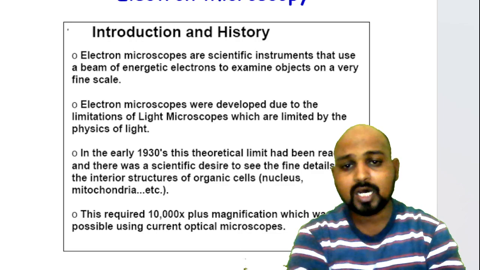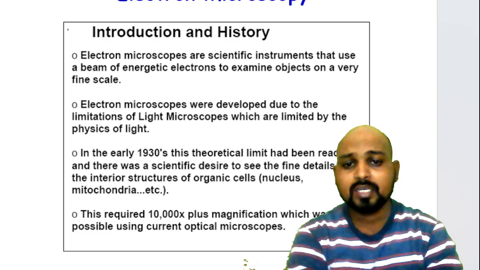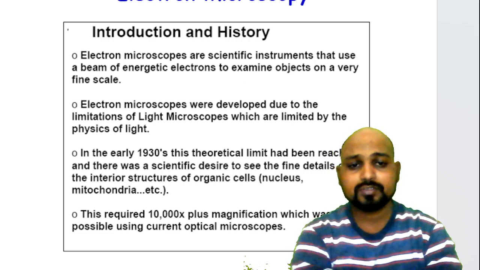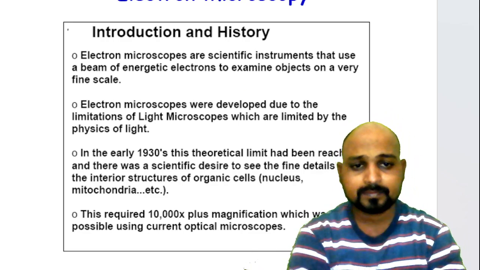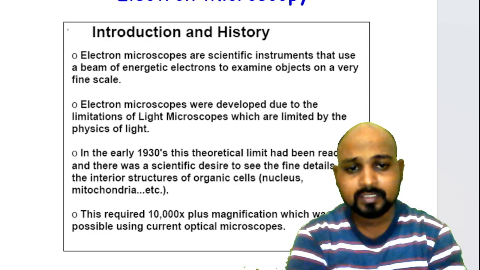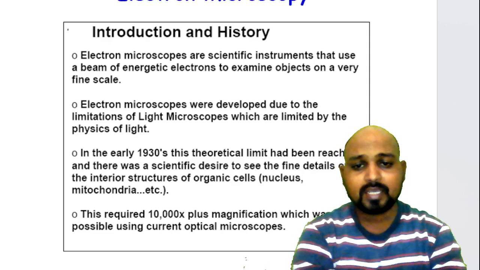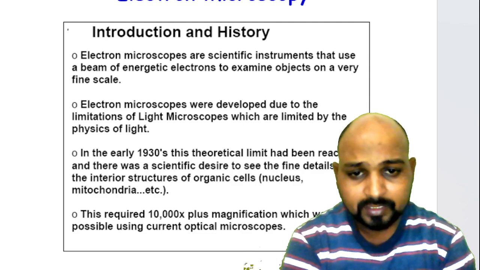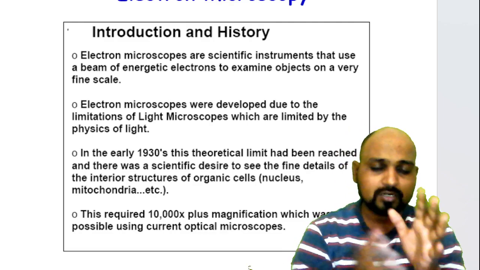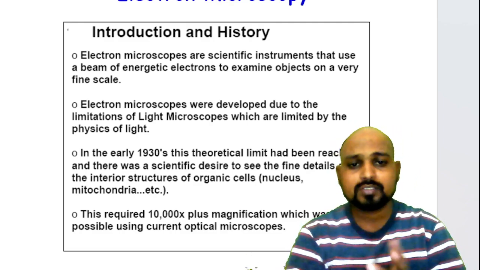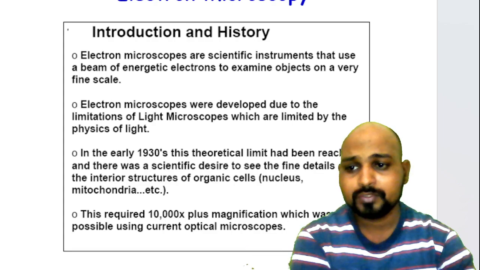In the early 1930s this theoretical limit had been reached and there was a scientific desire to see the fine details of the interior structure of organic cells like nucleus and mitochondria, etc. It has a capacity of 10,000x plus magnification, which was not possible using the optical microscope, which uses light as the main parameter for getting information.